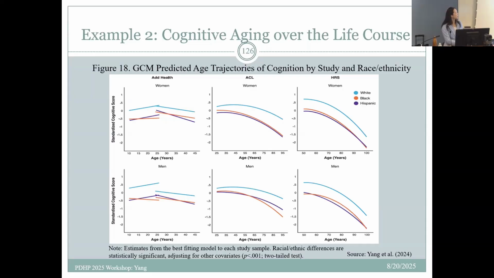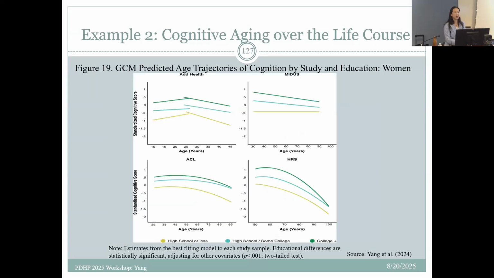They largely show patterns consistent with the pooled IDA in memory, and they are also consistent for overlapping age ranges across these studies, although these results are based on individual studies, as you can see, and health, ACL, HRS, respectively. We see large racial gaps that emerge very early on in adolescence and persist throughout adulthood.